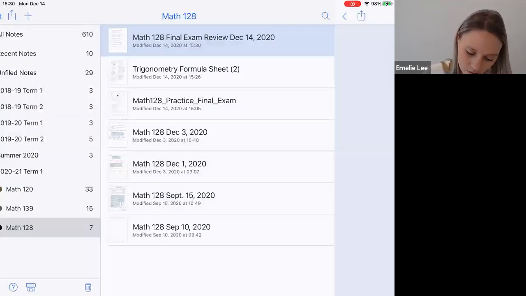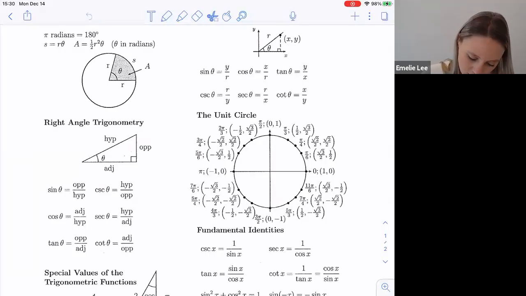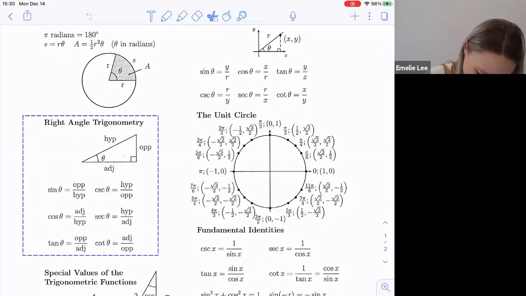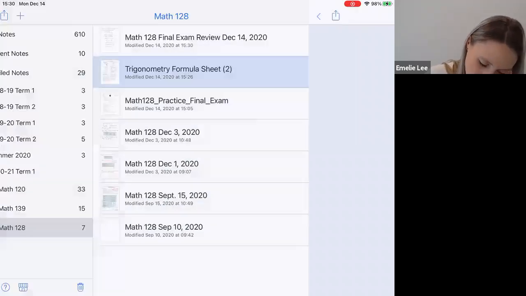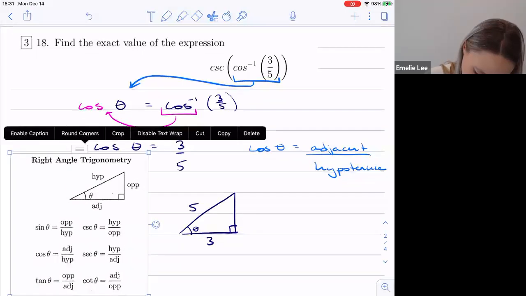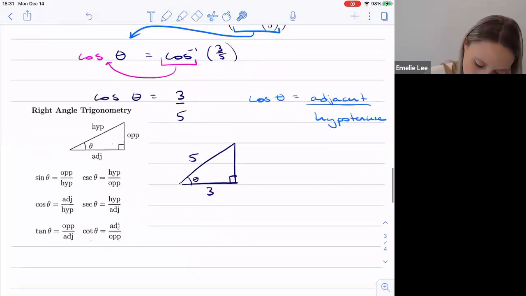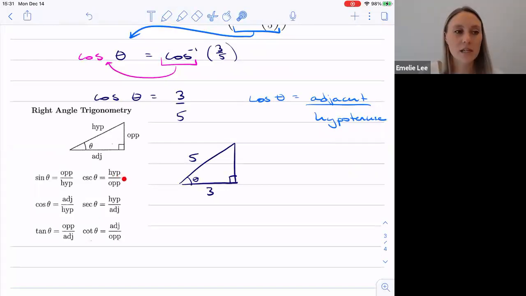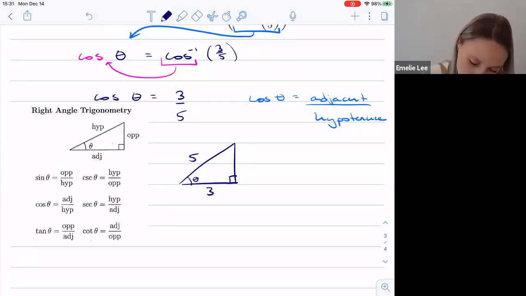Because the cosecant is the hypotenuse over the opposite. I already know the hypotenuse is 5, so I have to find the opposite.